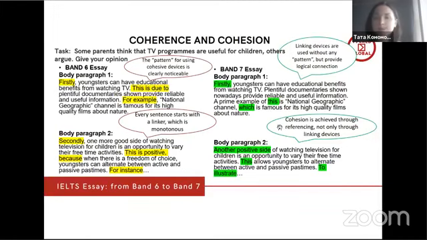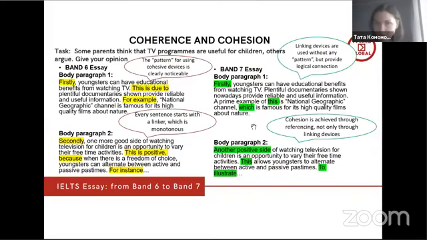In Band 7 essay, you can see that there are fewer cohesive devices, but at the same time, coherence and cohesion is better, is higher than in the previous example. All thoughts are logically connected using linking devices, using referencing, we'll speak about it in a minute, and using pronouns.